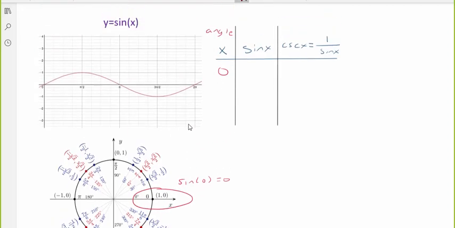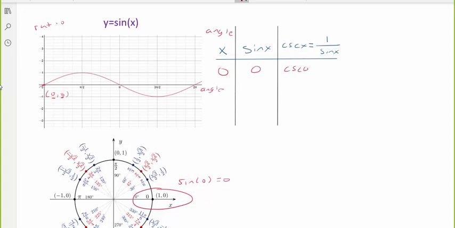Another way to get that same information is to look at the graph of sine. Right here is the point 0, comma 0, meaning if your angle is 0, my input is an angle, and my output is a ratio. In fact, that ratio is opposite over hypotenuse. So if your angle is 0 radians or 0 degrees, the ratio opposite over hypotenuse would be 0.